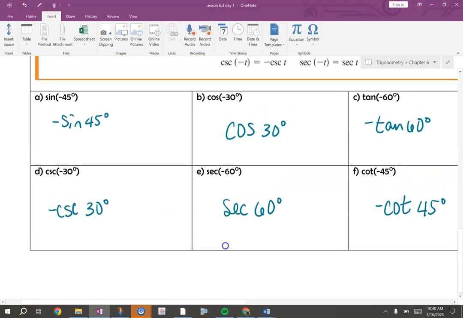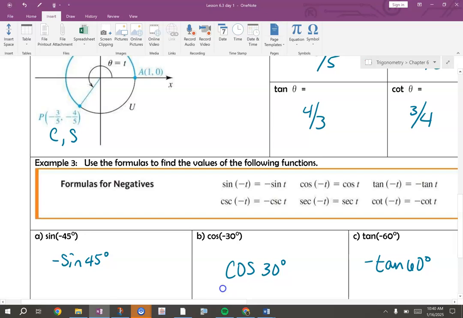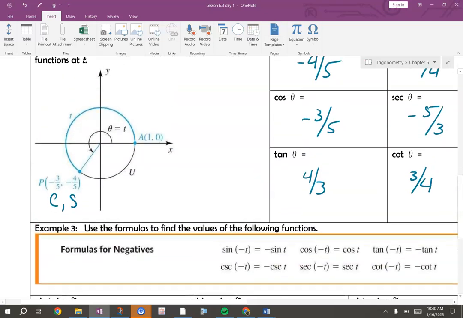Okay, so I want to explain the reason, though. Why is it that cosine is positive when it's a negative angle versus why the others are negative? The reason for that, when you have a negative angle, we've talked about this the last couple of days. What does that mean when you're doing something on the unit circle?